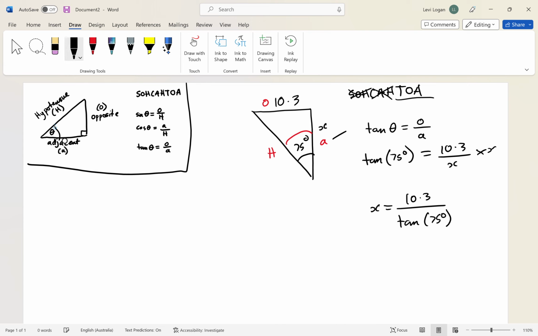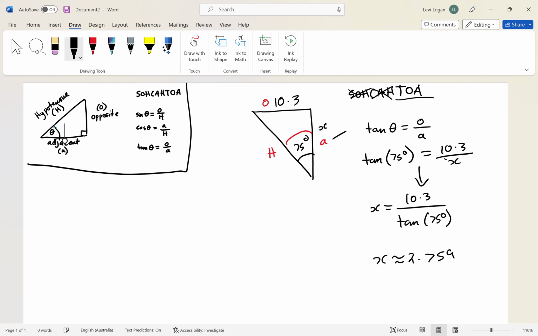I multiplied this side by x, cancelled that, and then I divided by tan of 75 degrees on both sides. Okay? So that's how I moved from this to that, pretty much. And using our calculator, x is approximately, we just got to use a calculator, 10.3 divided by tan of 75 degrees is approximately 2.759.